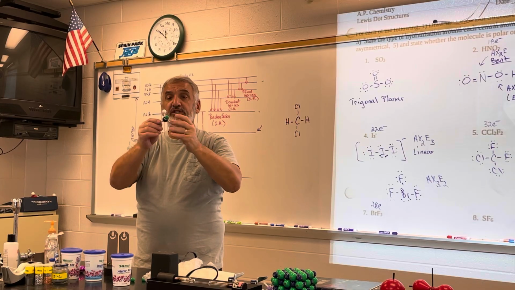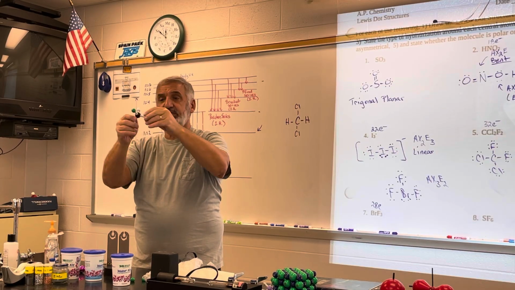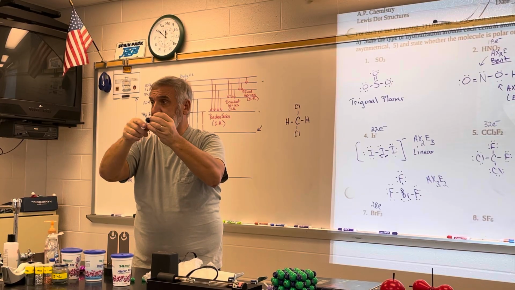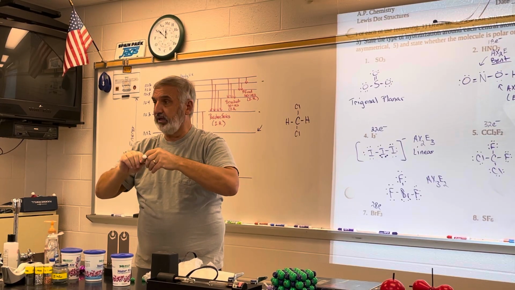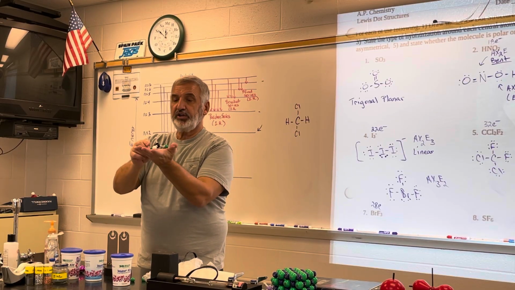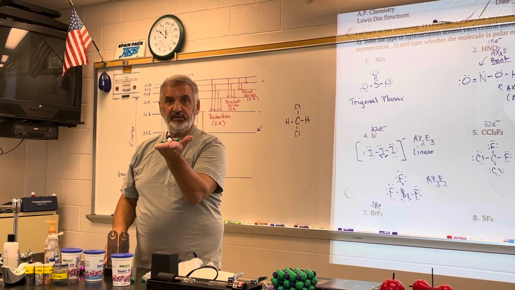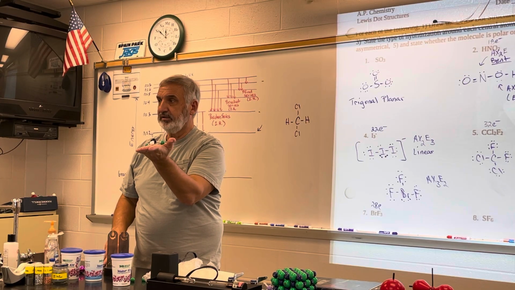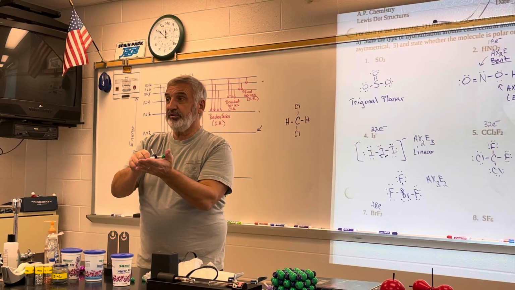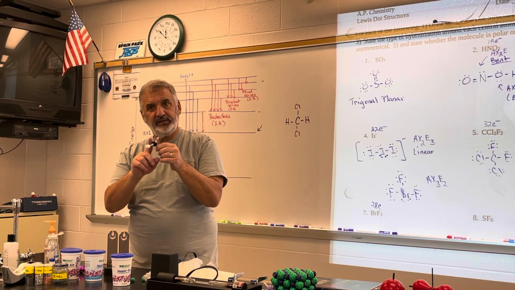So if I take one lone pair, there's 109.5 degrees in every direction, so it doesn't matter where the lone pair comes from. Take the lone pair, now I have trigonal pyramidal, a triangular based pyramid. But the bond angle decreases just a little bit.